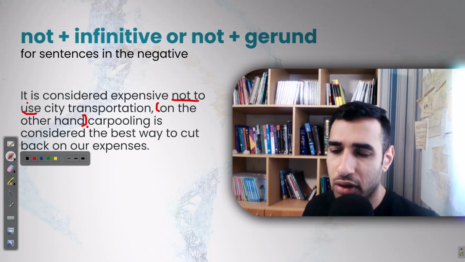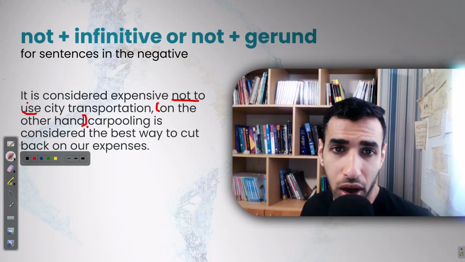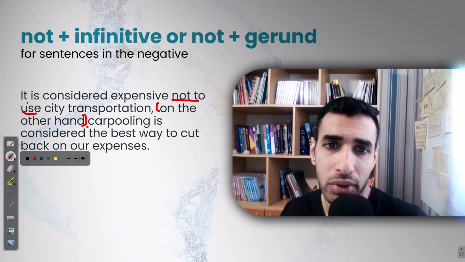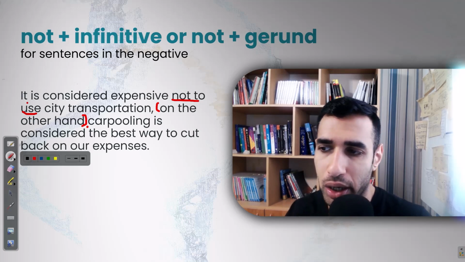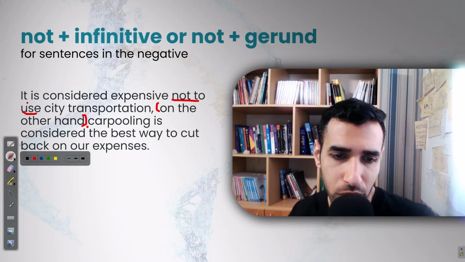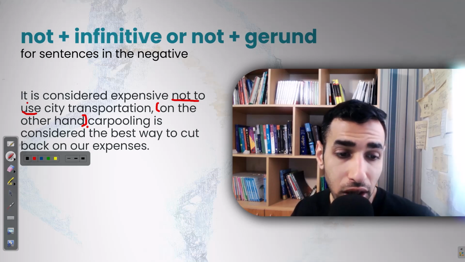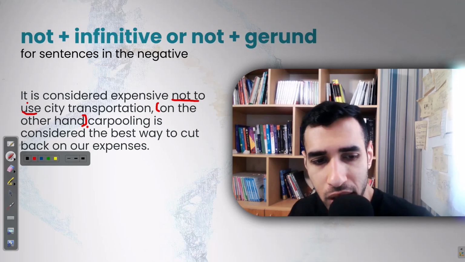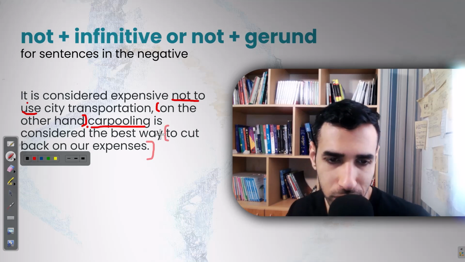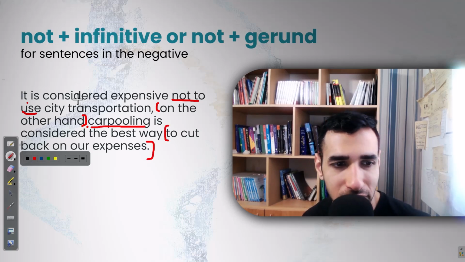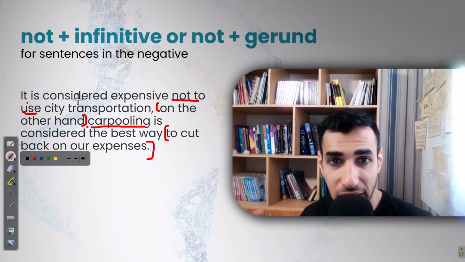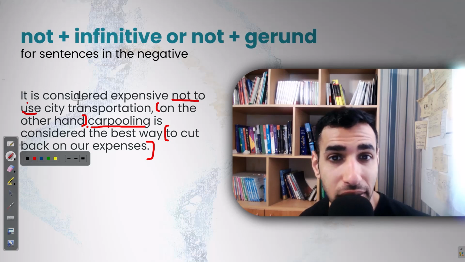Instead of 4 people driving 4 cars to work, all of them take just 1 car. This activity is called carpooling. Carpooling is considered the best way to cut back, means reduce, on our expenses. It is considered expensive not to use city transportation, but the first sentence is convertible: using city transportation is considered expensive.